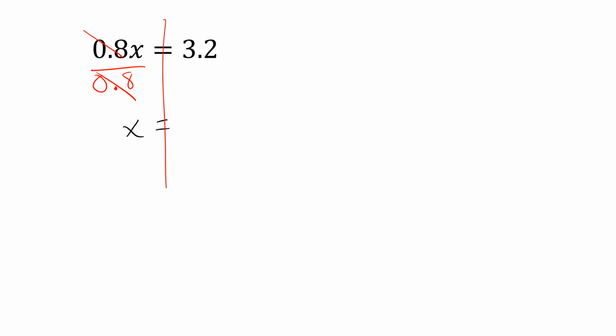But what you do to one side of the equal sign, you have to do to the other side. Now you might be thinking, oh God, division of decimals, this is tough. But I see this as 32 divided by 8. In fact, I built it this way. Now what's 32 divided by 8? That's 4. So your answer, I believe, is going to be 4, but this is how it officially shakes out.